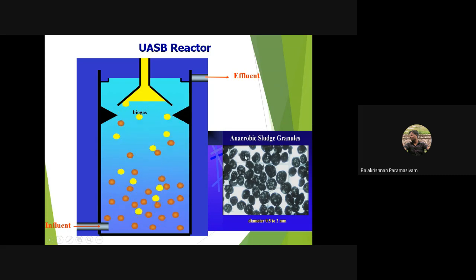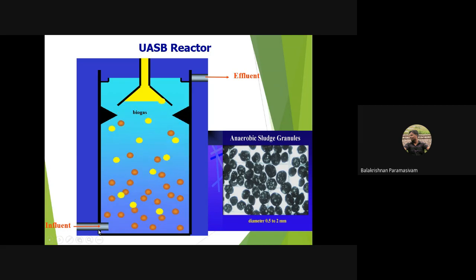It will form granules, so it will grow like a granulated structure. So it will settle very quickly. If we do any maintenance activity, all the granules will settle very quickly, in less than 10 minutes. In 10 minutes all the anaerobic granular sludge will be settled down.